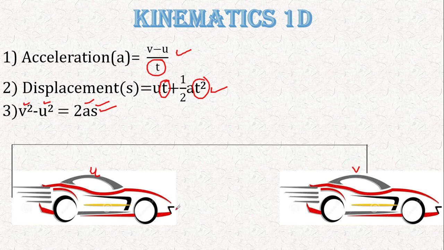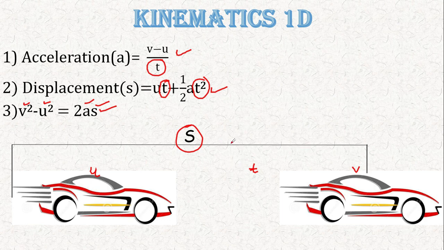The time taken to travel from this point to this point is t, and the displacement from this point to this point is denoted by s. These are the common terms used in deriving the formulas.